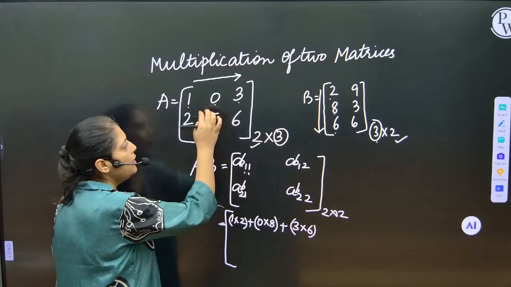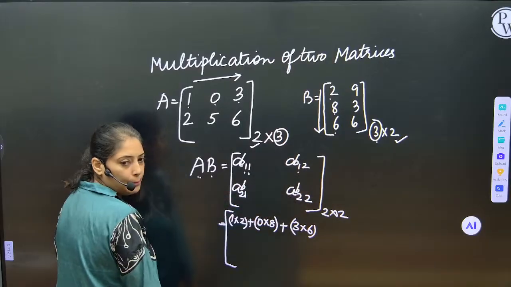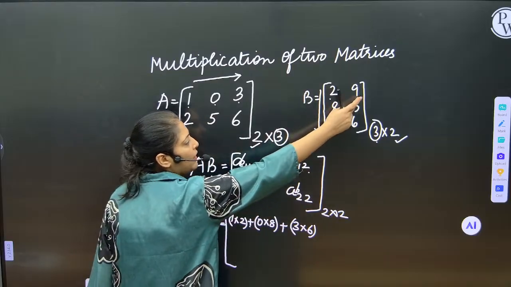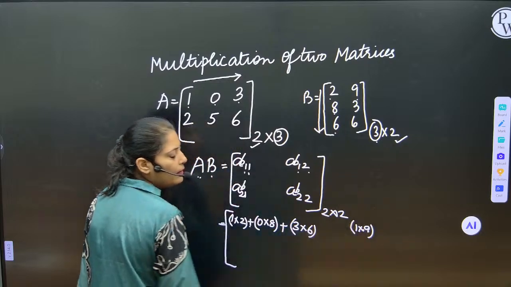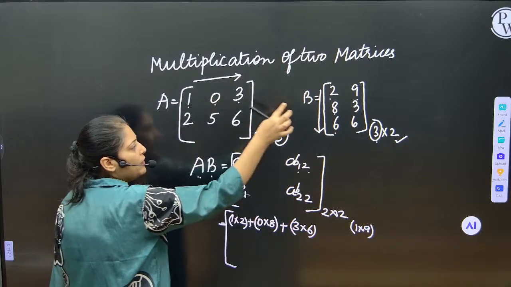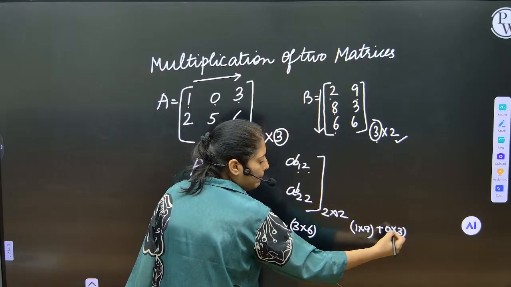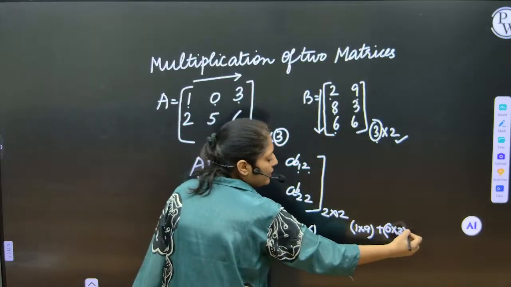Similarly, what does it mean? First row, second column. Now in the first row, 1 will be multiplied with 9. 0 will be multiplied with 3. And 3 will be multiplied with 6.